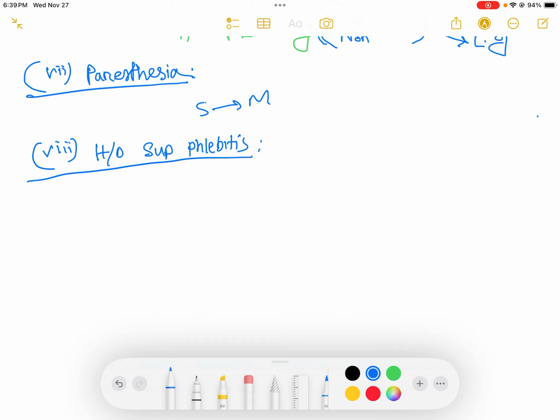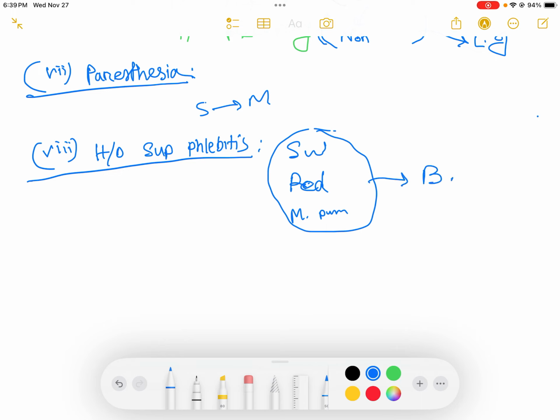It occurs in a high proportion of cases of Buerger's disease.